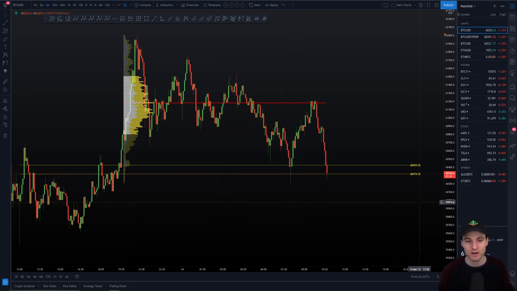It's our big psychological level, even bigger than 62K, like $60,000 now. It obviously was resistance, and when you break your resistance, one looks for it to act as support. So if we break the pivot low of the CC support that was put in here, then we would be looking, in my opinion, just down towards $60,000. Again, we might not hit it, but I think you've got to be prepared for that level should we get down to it.